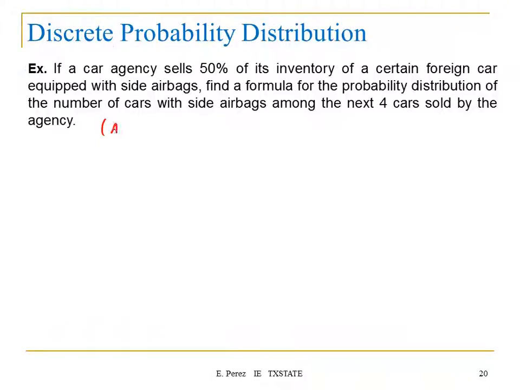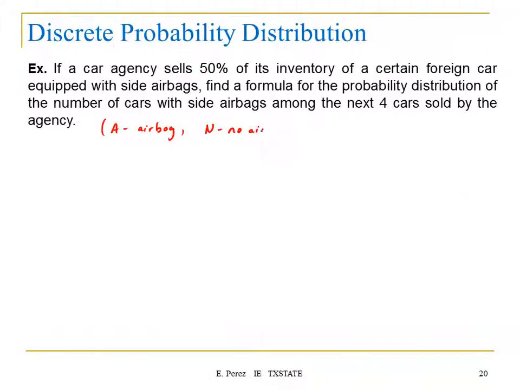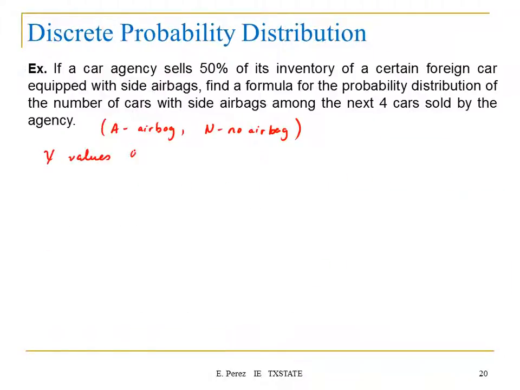So you can use an outcome. Let's say A is airbag and N is no airbag. You know that the possible outcomes for this random variable go from 0 to 4, so let me call these x values 0, 1, 2, 3, 4.